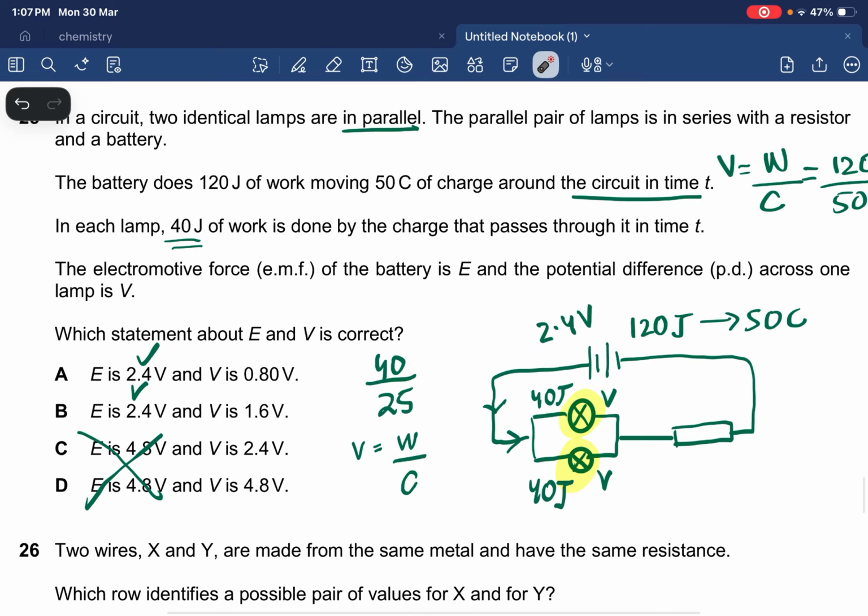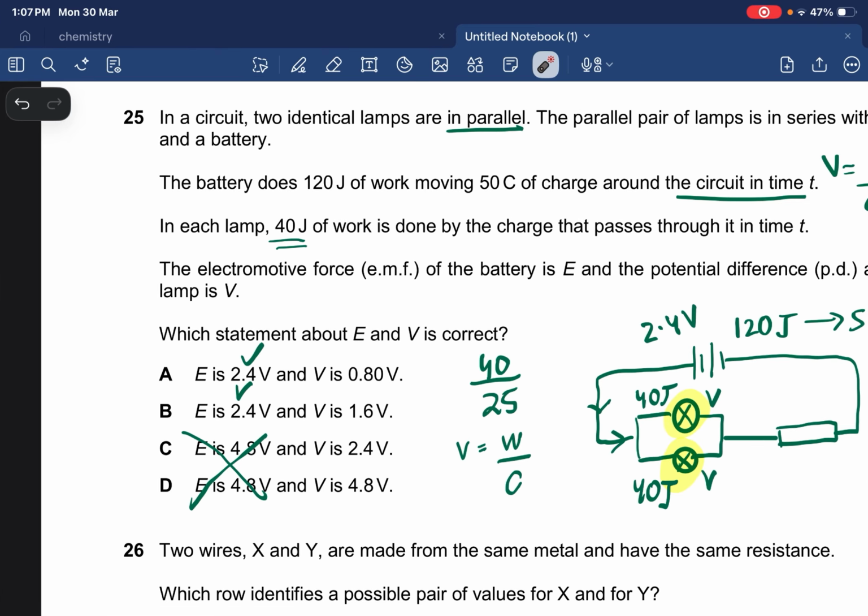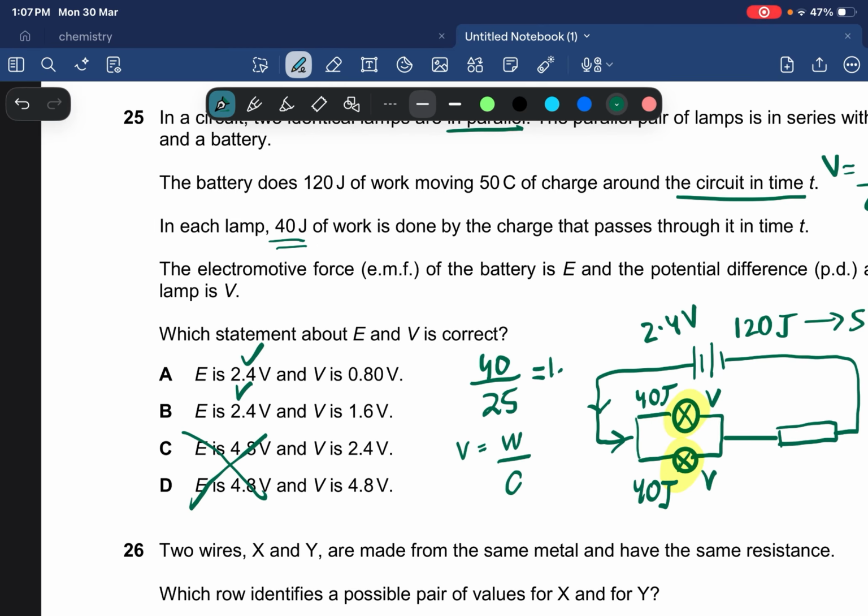So 40 divided by 25 gives me 1.6 volts, which is option number B. Got it?